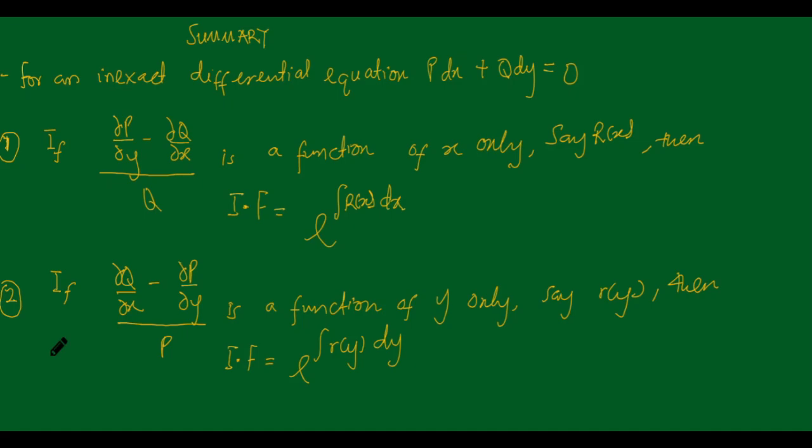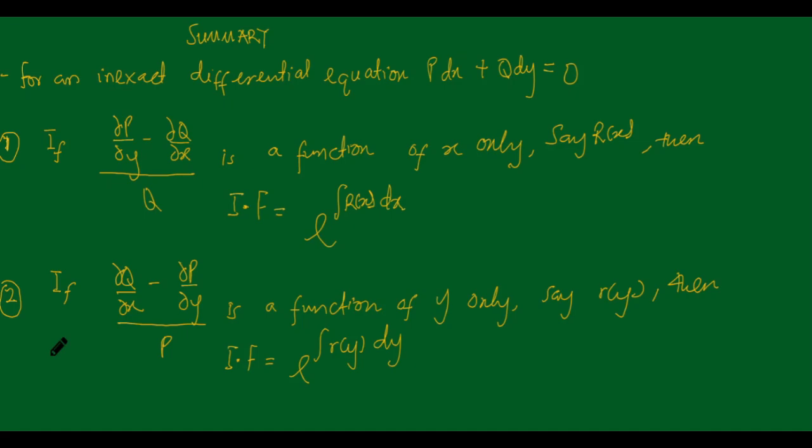Then from there, we can get our integrating factor as e raised to the power of the integral of the result we've gotten, with respect to y. So these are the two most common cases when we want to convert an inexact differential equation to an exact differential equation.